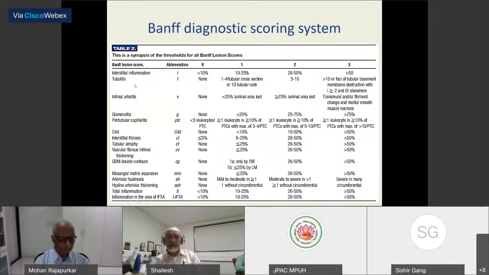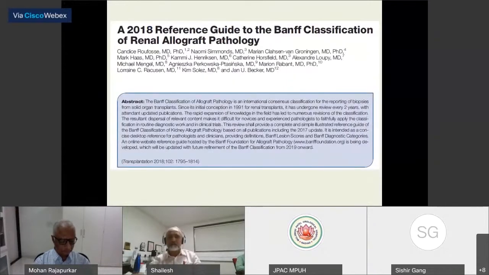Just like tubulitis, intimal arteritis, glomerulitis, all the parameters are scored individually, and then summed up to define what the final score is and what the final pathology could be.